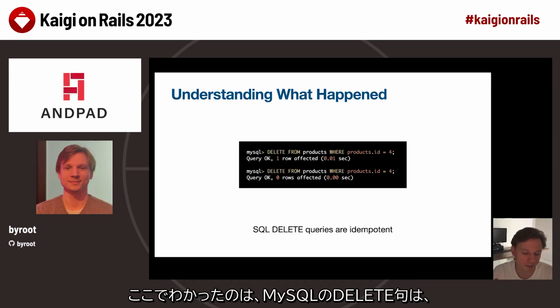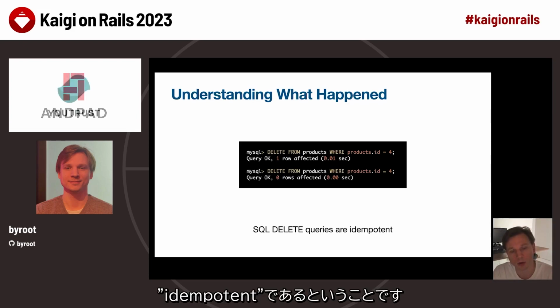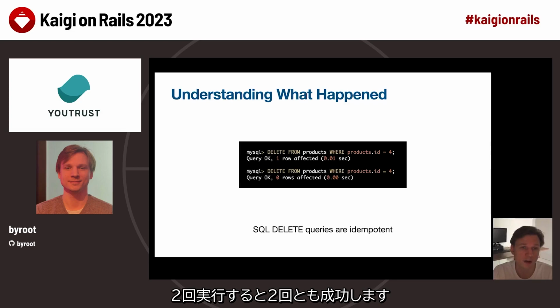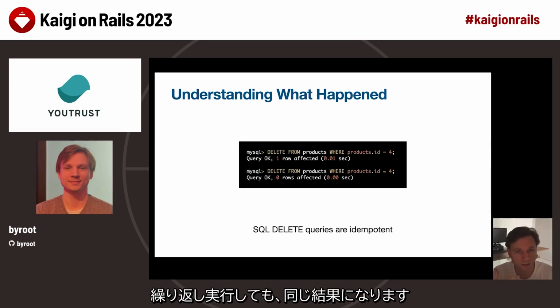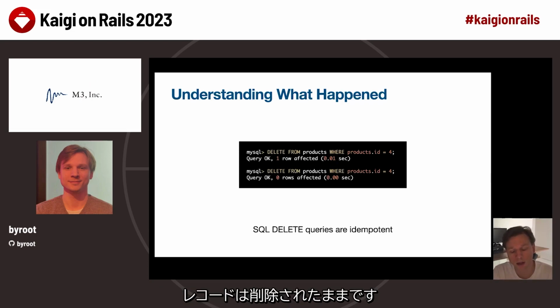And that's where it hit me that MySQL delete statements are what we call idempotent. It will succeed, even if it happened again, you can repeat it and you're going to end up with the same result. The record will stay destroyed.